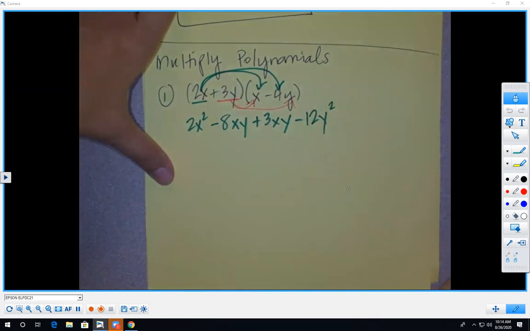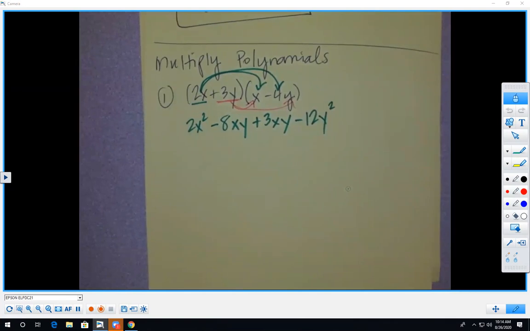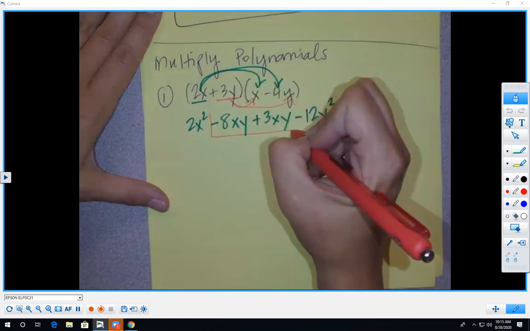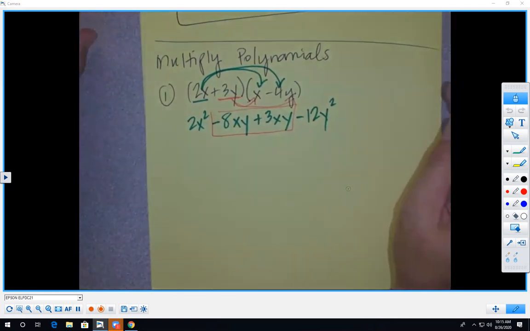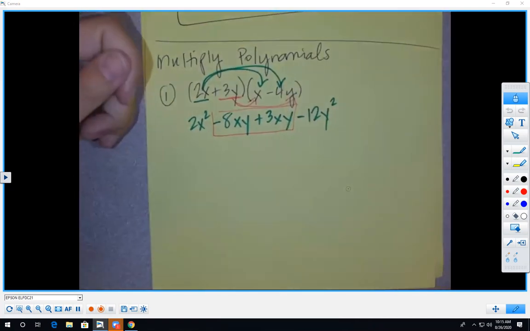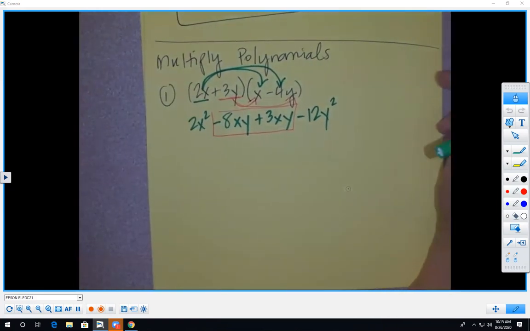And then at that point, you want to combine any like terms you have. Like terms have the same variables with the same exponents. So which ones have the same variables with the same exponents? Yep, negative 8xy and 3xy. If you wrote one as xy and the other as yx, that's totally fine. You just have to recognize it's the same thing. It doesn't matter which one comes first.